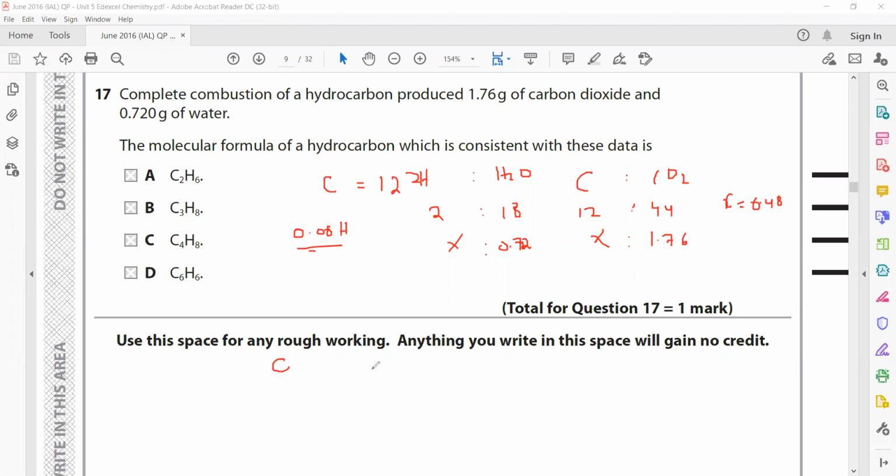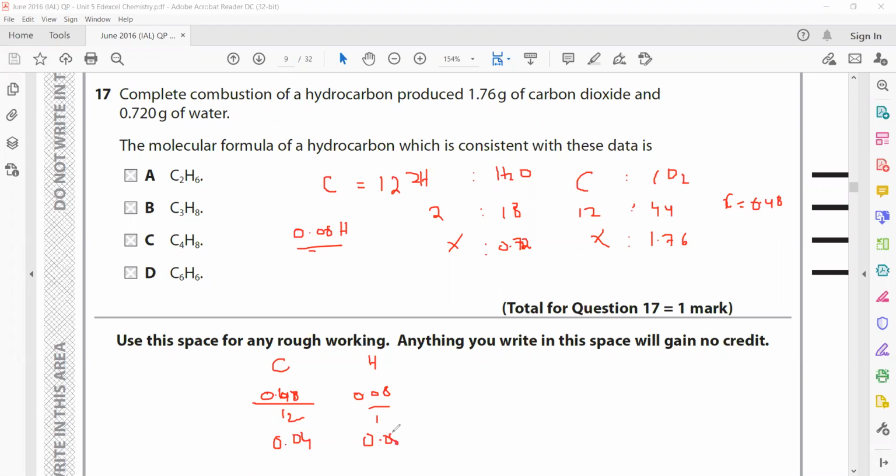So for carbon and hydrogen, we have 0.48 and 0.08. The carbon will be divided by 12 and the hydrogen by 1. So 0.48 divided by 12 equals 0.04, and this is 0.08.